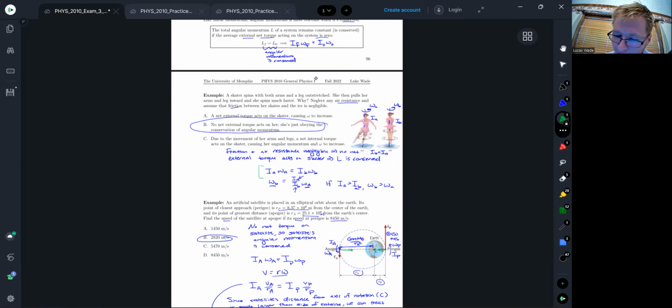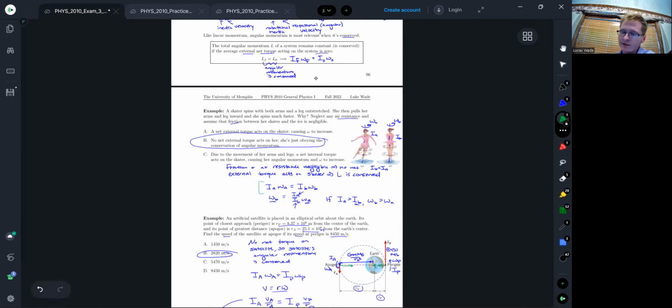When she brings her arms in, does she increase or decrease her moment of inertia? Decrease, because she is concentrating her mass closer towards the axis of rotation. The biggest factor in moment of inertia is how far the mass sits relative to the axis of rotation. If you have a lot more mass farther away from the axis, the thing has a lot of rotational inertia or moment of inertia.